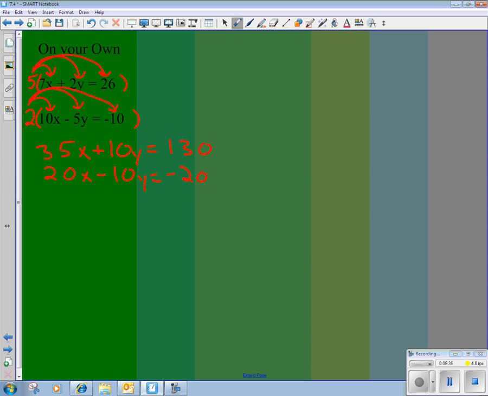We want to make sure we get those to be 0, and 10 plus negative 10 gives you 0, so we're going to add. That gives you 55x. Those two cancel out, equals 110. If you divide by 55, you should get x equals 2. So we're going to just plug that back in. Let's say we plug back into the first one. So 7 times our 2 plus 2y equals 26.